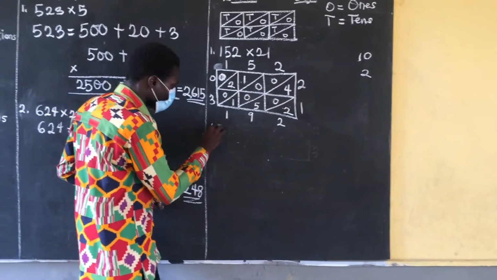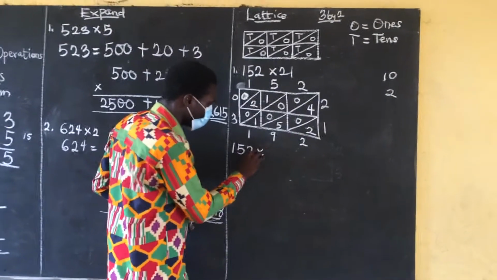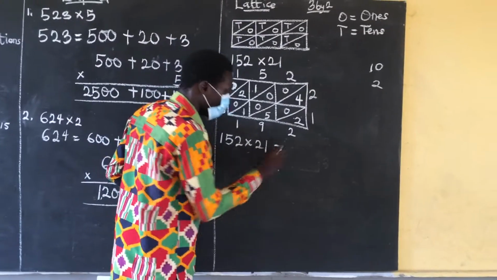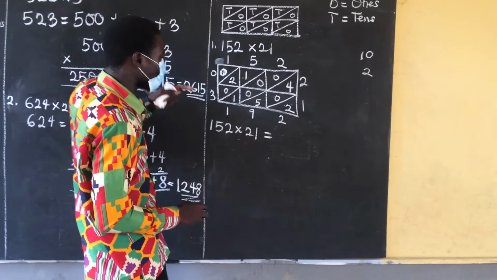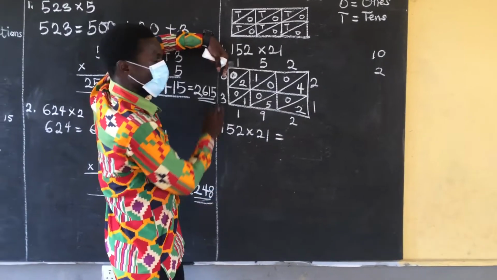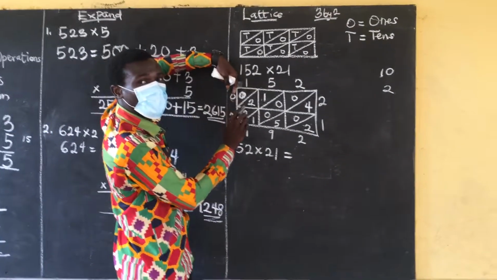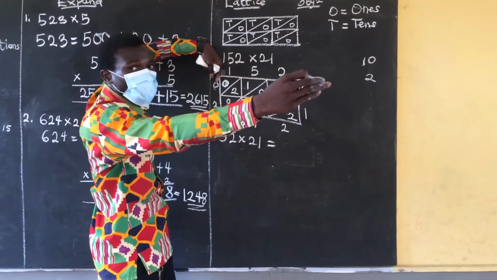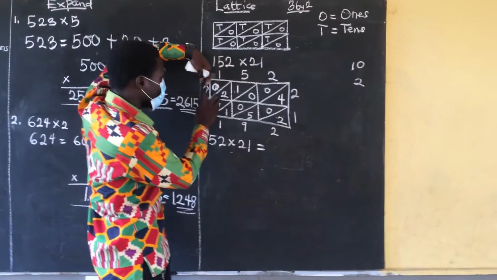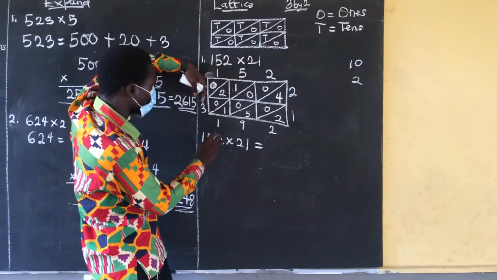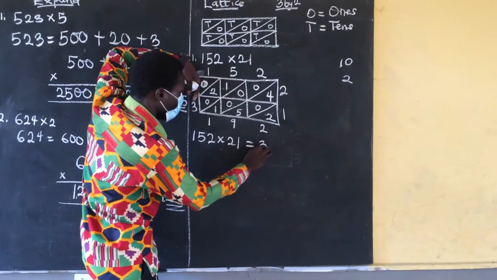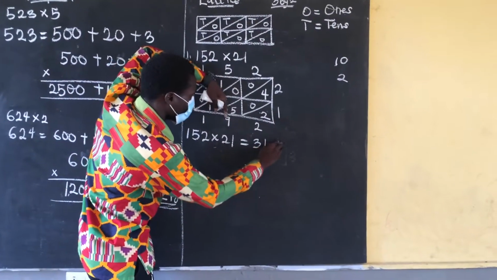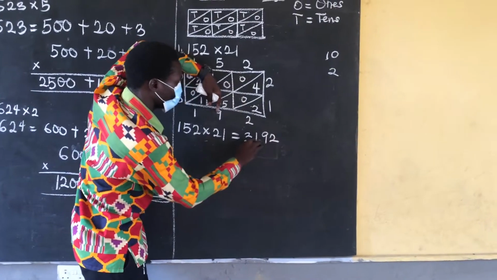So in other words, 152 times 21, I'm going to pick my answer starting from the top. Because this number is 0, I won't pick it. But if it is greater than 0, I'm going to pick it. So because it is 0, I won't choose it, but I'll come to this number and start from here. 3, 1, 9, 2.